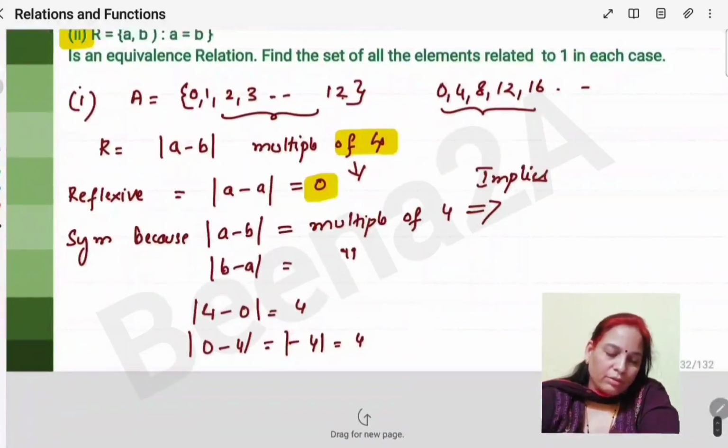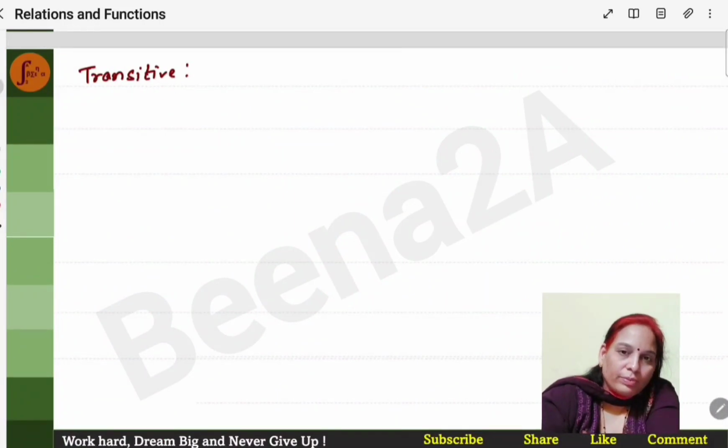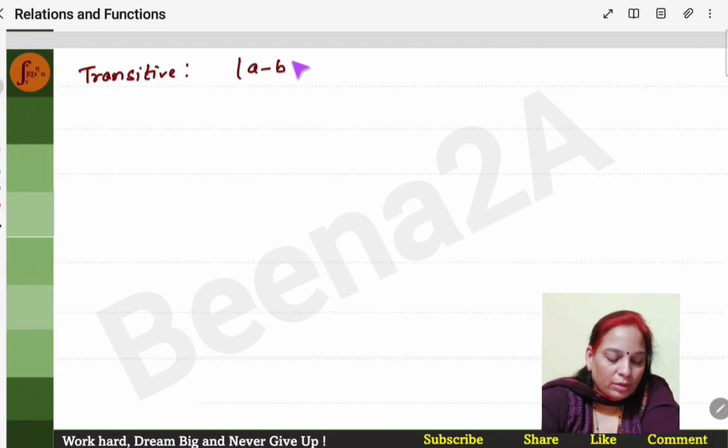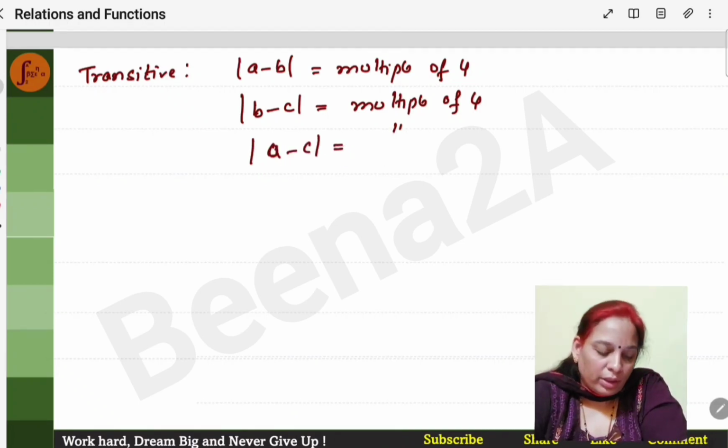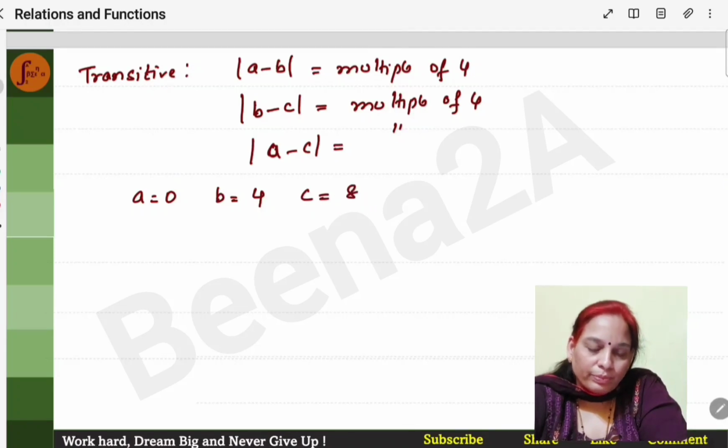Now we look at transitive. For transitive, if modulus of A minus B is a multiple of 4, and modulus of B minus C is a multiple of 4, this implies that A minus C is also a multiple of 4. Now take an example. If I take A as 0, B as 4 and C as 8.